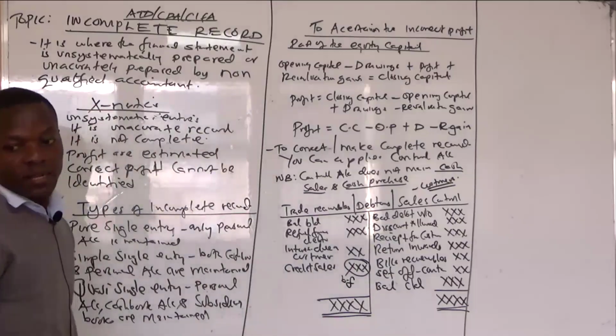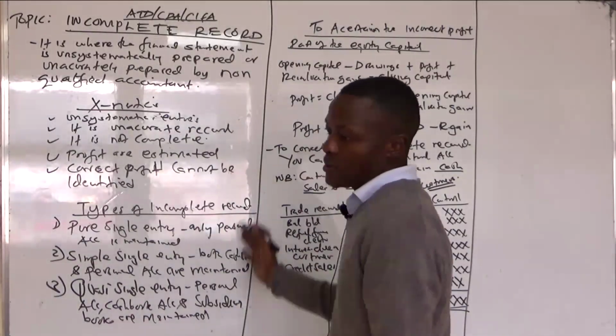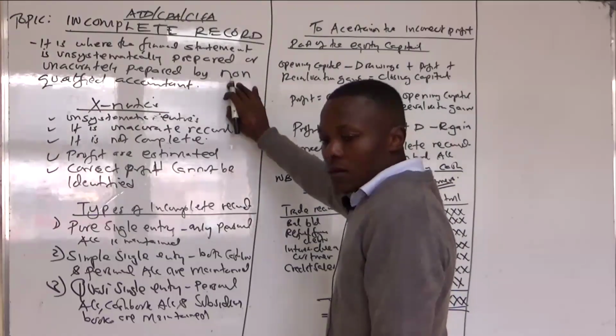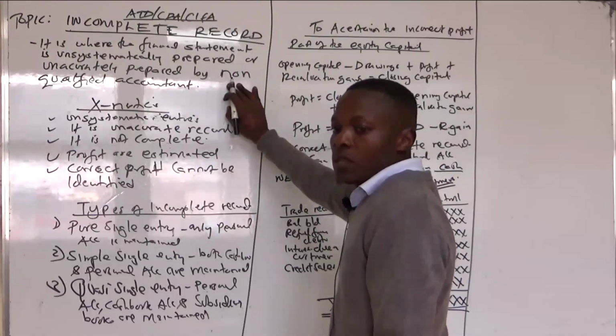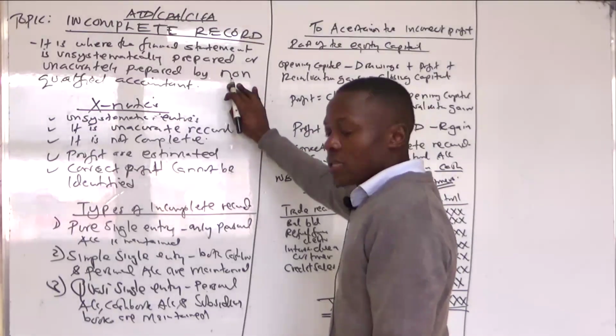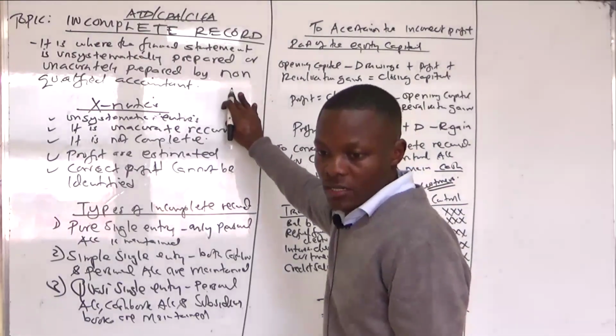So to get sales, you start with the question. In incomplete records you will not be given sales maybe. They tell you the following is the statement from the books of AV Limited. It was notified that the account was prepared by non-qualifying accountant.